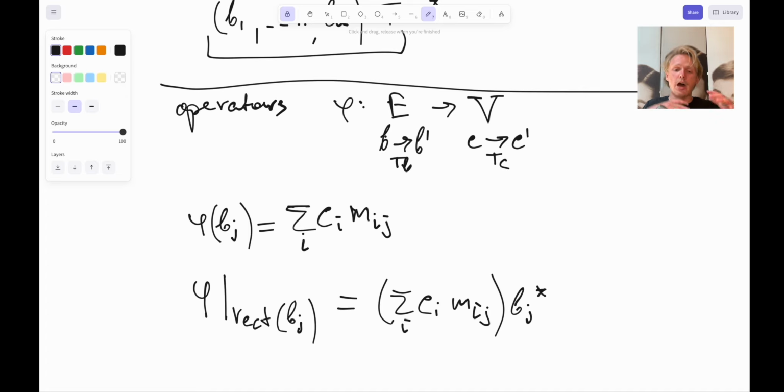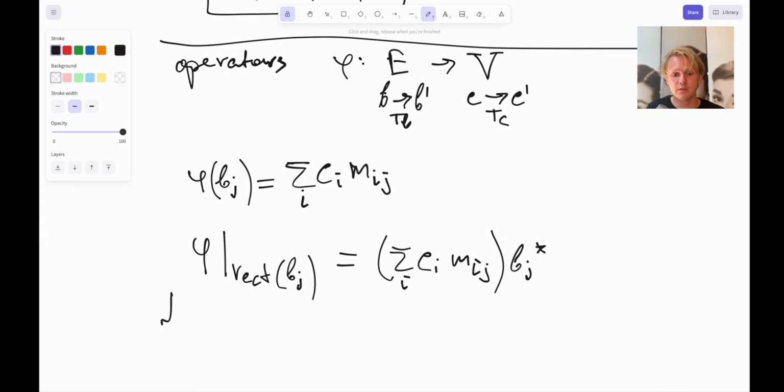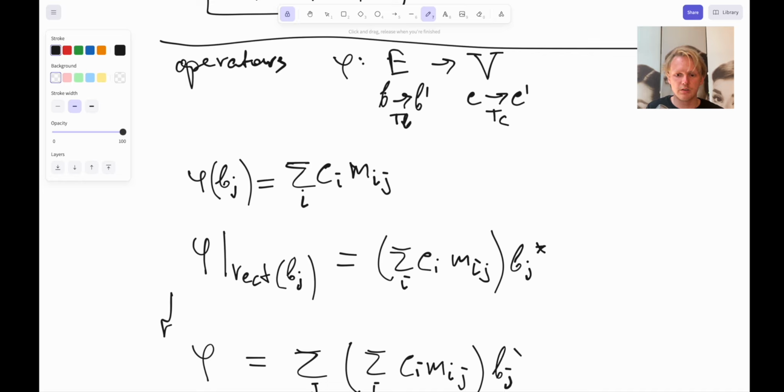And then as we have a direct sum of subspaces, we can pass to phi and say that phi is a sum over J of Bj star.